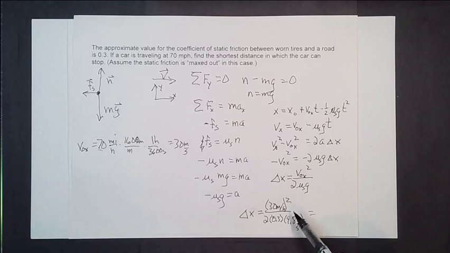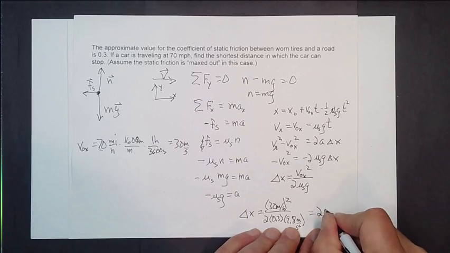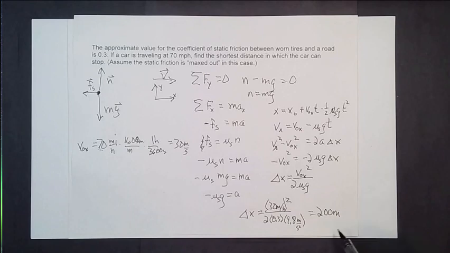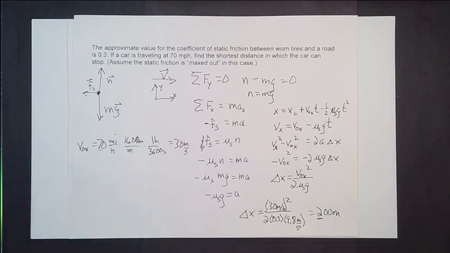Let's see, 900 divided, well, let's just go ahead and do it. I get about 200 meters. It would actually show up as 150 meters, but something like that. Or, and the uncertainty is in this digit, it could be 100 to 200 meters in there somewhere, depending on just how you happen to round things off while you were doing the problem.